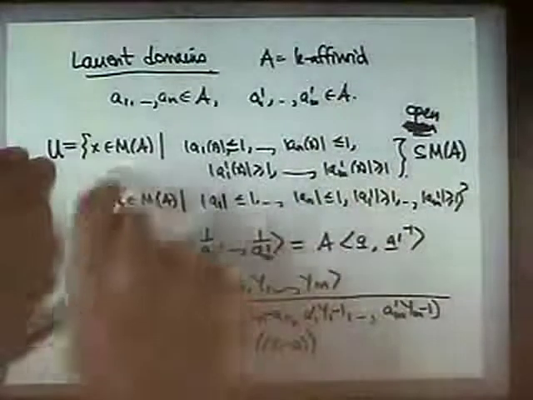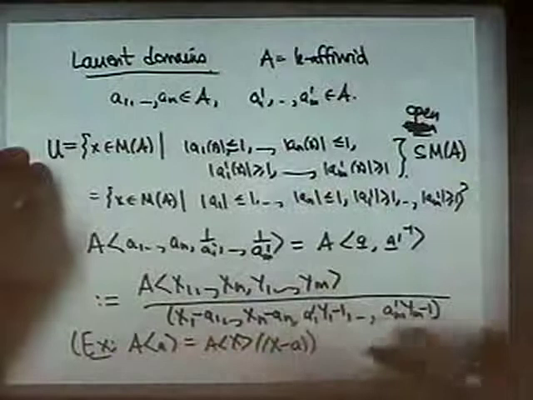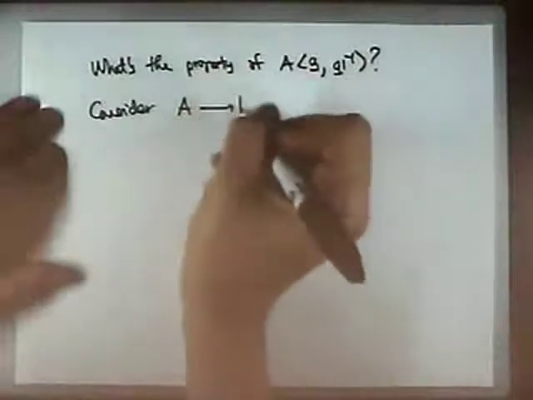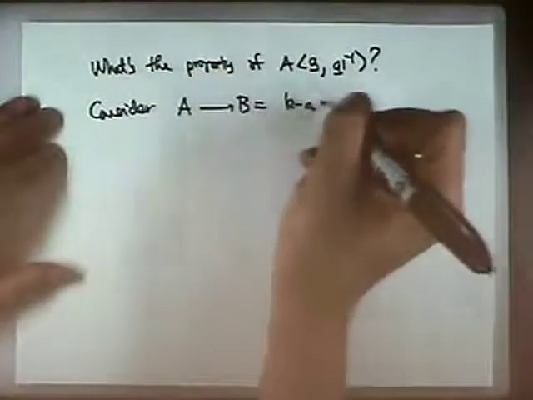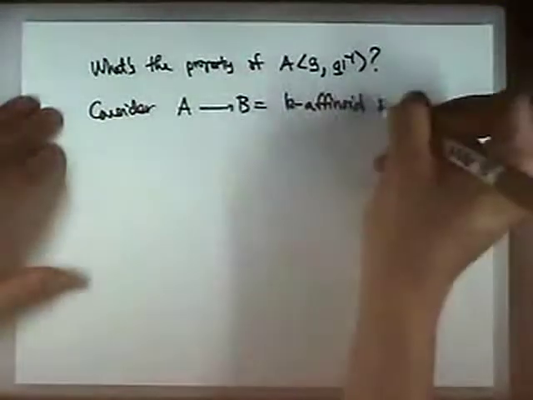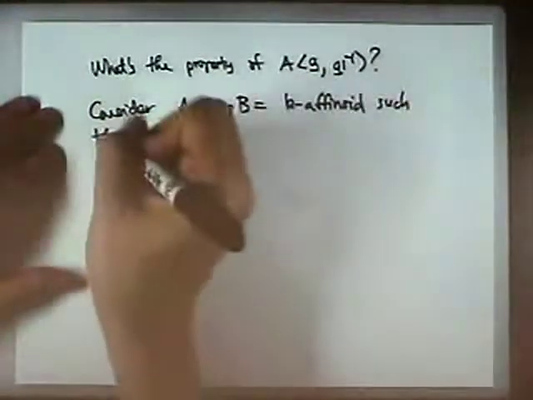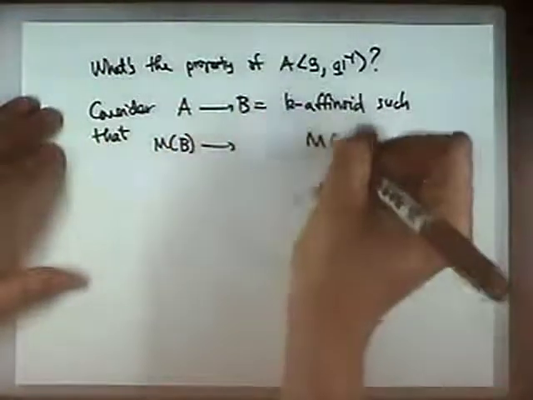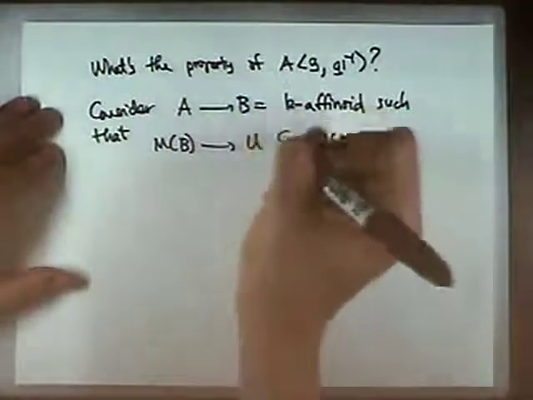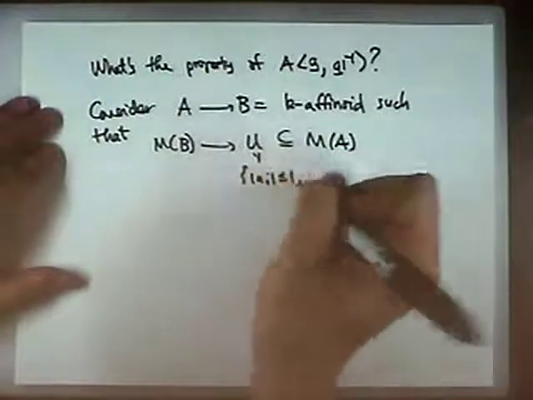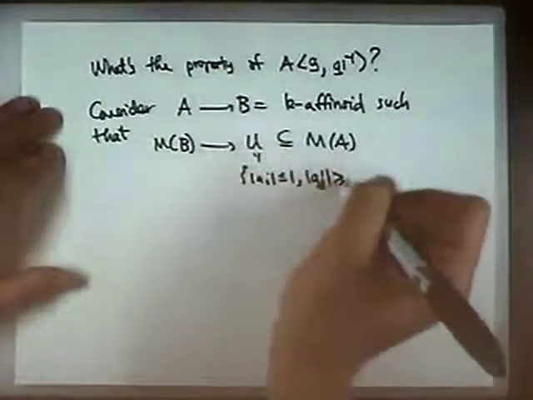But I want to claim that this set determines this ring in a very natural way. So what's the universal property? Well, let's consider any map to a k-affinoid. Of course, my maps are always understood to be k-algebra maps. All right? Such that M of B to M of A factors through that subset U. And this is the subset given by the conditions A_i less or equal to 1, A_j prime greater or equal to 1.